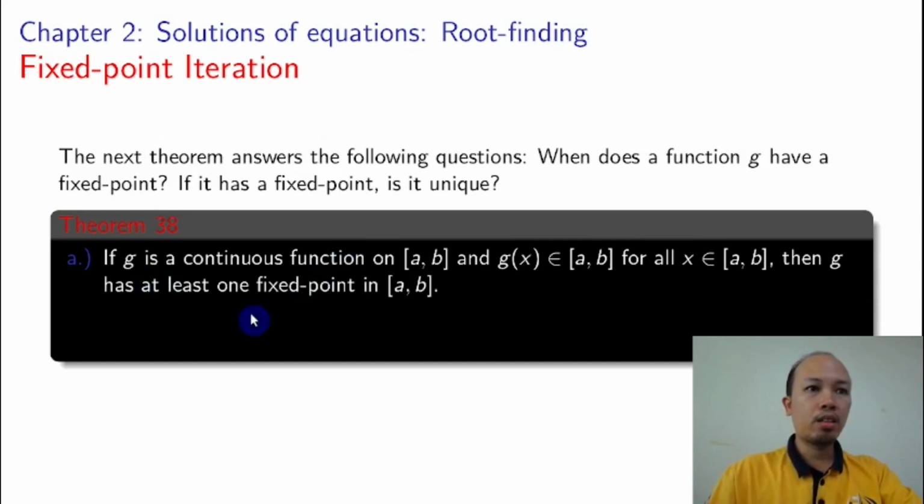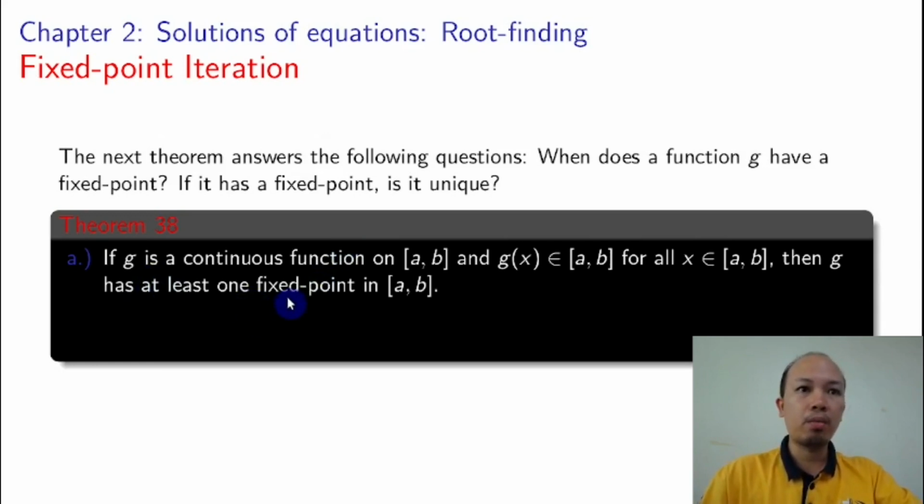So first is the existence of a fixed point. The condition is that g is continuous on the closed interval [a, b] and all the function values are also an element of the closed interval [a, b], meaning in that particular box. We know that the interval [a, b] here is on the x-axis, and this interval here is on the y-axis.